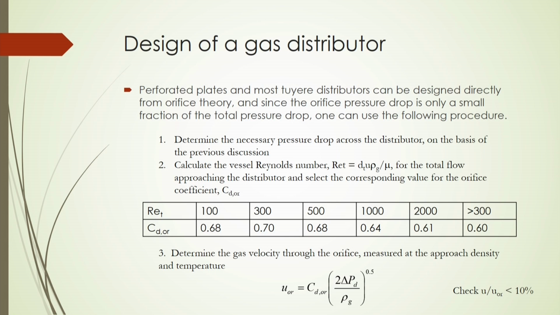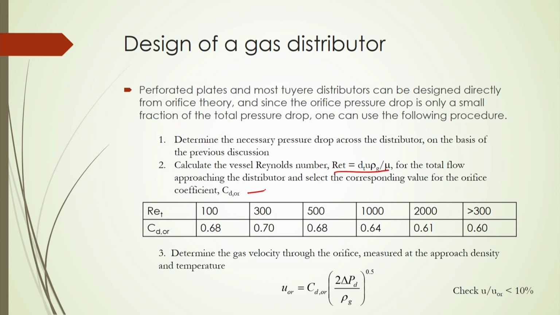Then calculate the vessel Reynolds number, RET. This RET is defined as the Reynolds number based on the tube diameter, or column diameter, for the total flow approaching the distributor, and select the corresponding value of the orifice coefficient.